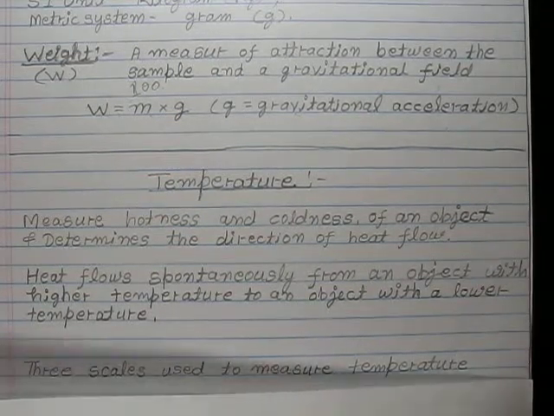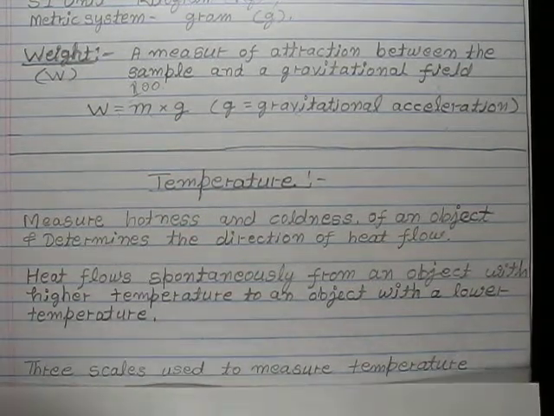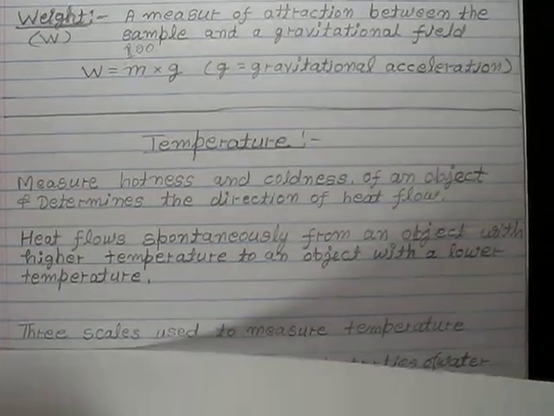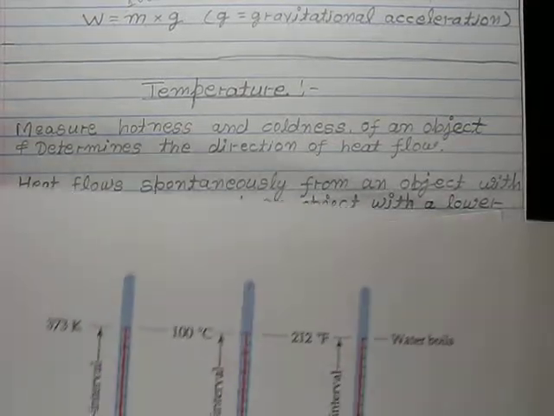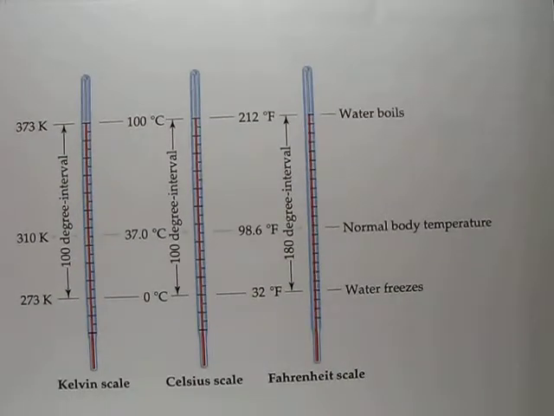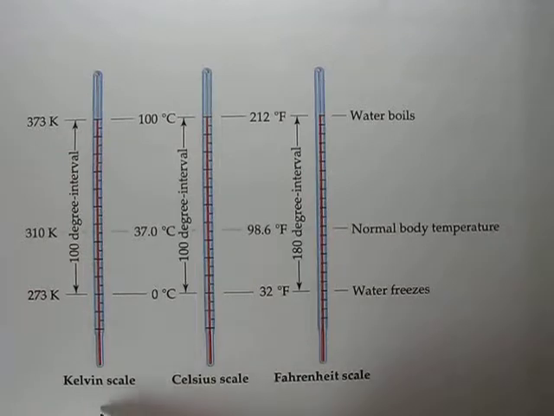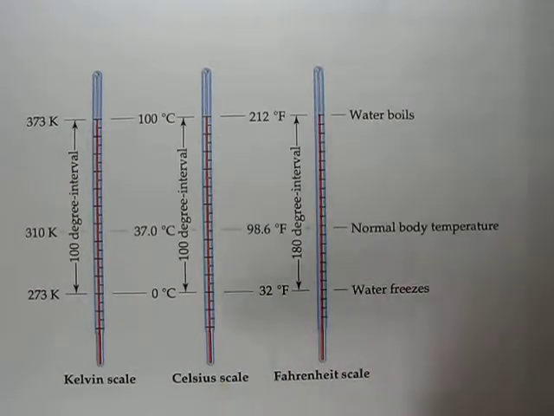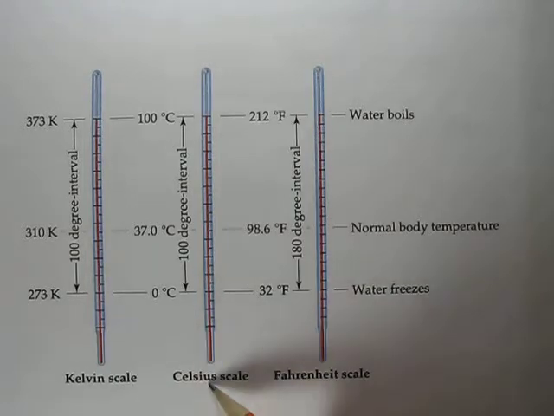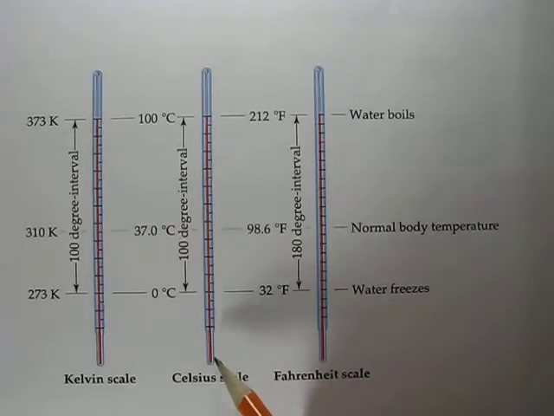And there are 3 scales used to measure the temperature, and I will show you with this graph. So there are 3 scales, which are called Kelvin scale, Celsius scale, and Fahrenheit scale. The Celsius scale is based on water.